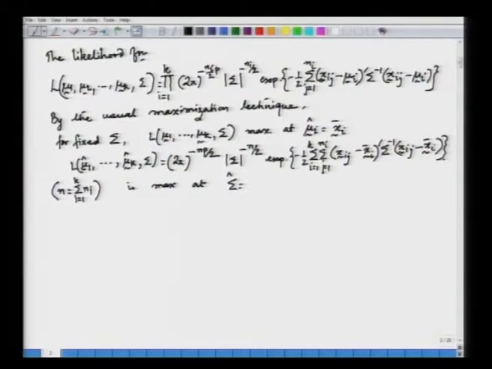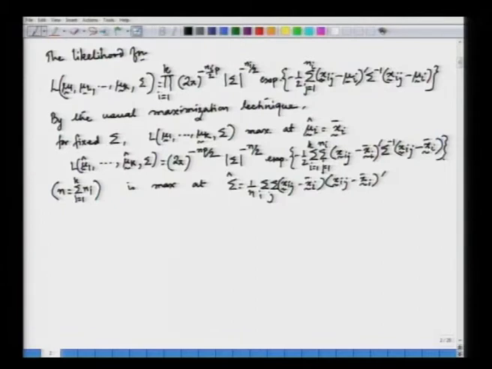It is quite easily seen that this is 1 by n, a double summation, in fact this term in the exponent: x_ij minus x_i bar times x_ij minus x_i bar transpose, giving us a p by p square matrix, the first summation over i, the second over j. Okay, this is the situation when we have the unrestricted parameter space.